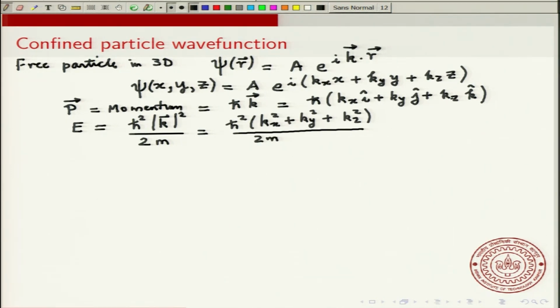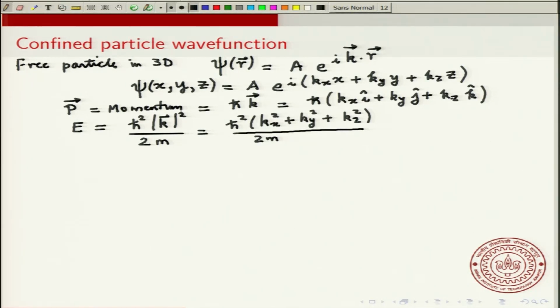Okay, so, this is a free particle wave function in 3D, and this is the energy, and again the particle is moving with this momentum. Okay. So, now momentum has components, and again there is no restriction on kx, ky and kz.